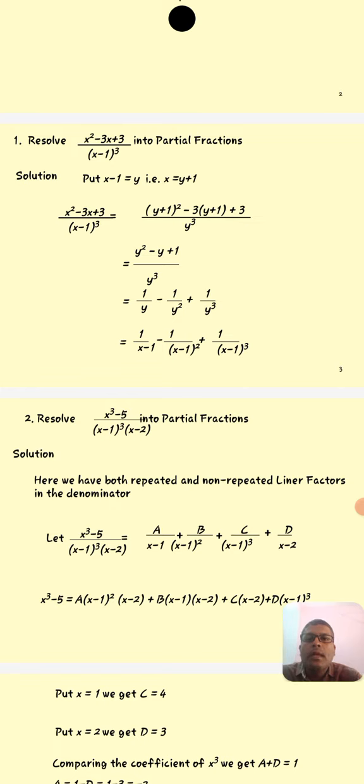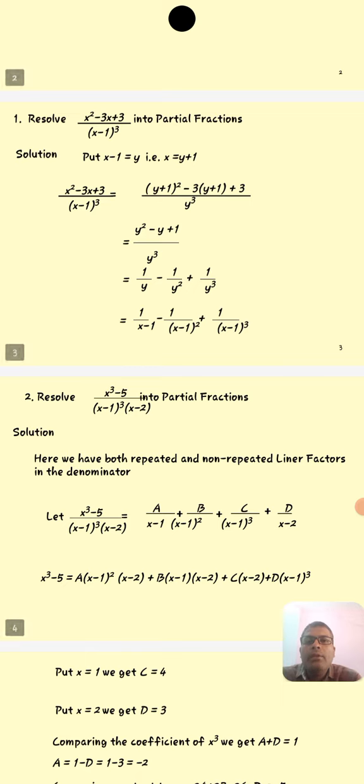Now write (x square minus 3x plus 3) divided by (x minus 1) whole cube is equal to, in the place of x we substitute, (y plus 1) whole square minus 3 into (y plus 1) plus 3 divided by y cube.